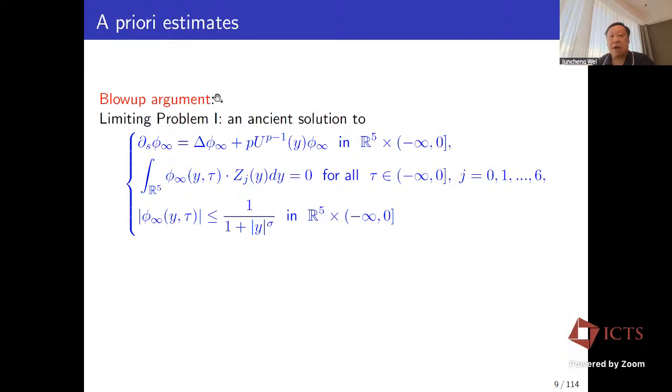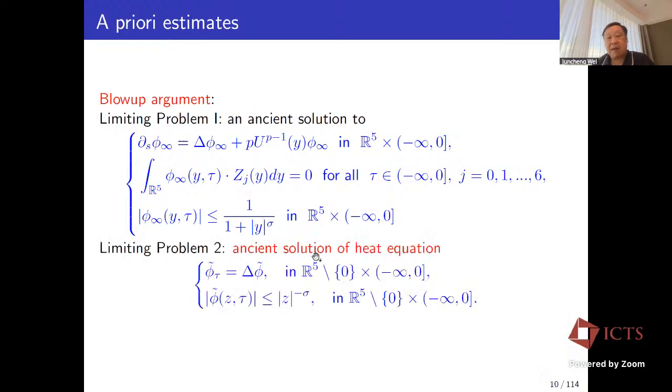And by the blow-up argument, we're going to see two limiting problems. The first is an ancient solution for the linearized parabolic problem with the orthogonality condition. And the second limiting problem is the ancient solution for the heat equation with isolated singularity. So by excluding both cases, we get our upper estimates.